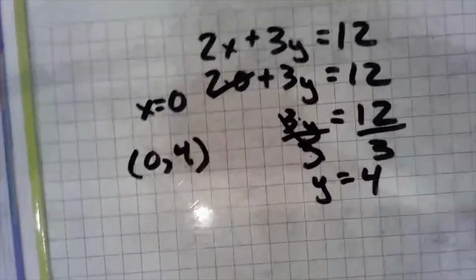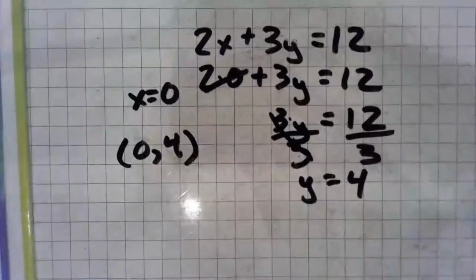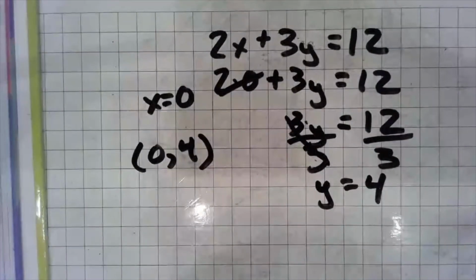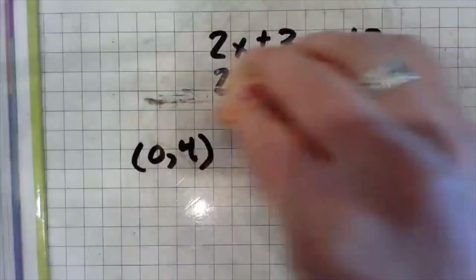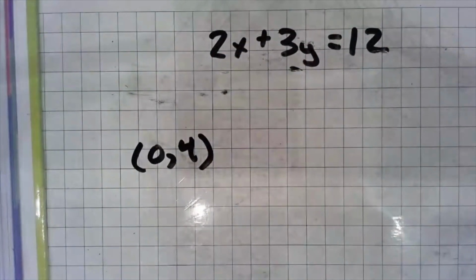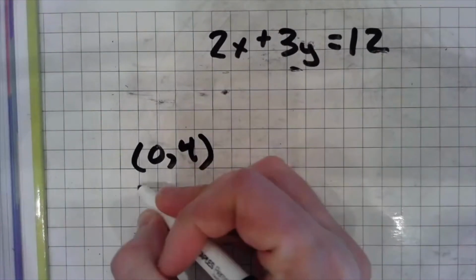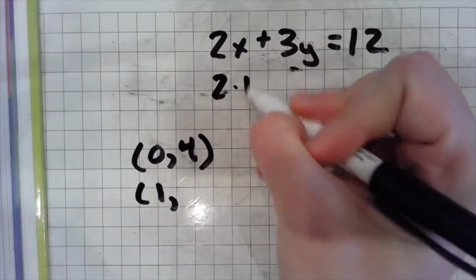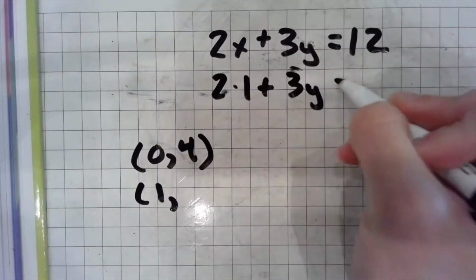Great. Okay, I'm going to go ahead and erase this now, except for my (0, 4), and let's try another one. Terrific. So, now this time, I'm going to say, how about, I don't know, 1. 1 comma something. So, in this case, it'll be 2 times 1 plus 3y equals 12.